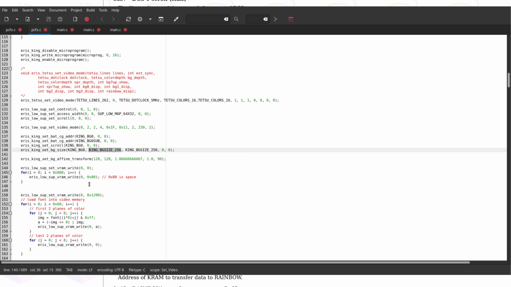If it overflows at 256, the rest is going to be displayed from x equals 0. And this is quite annoying. That means that if you want to use BG0 for your 2D game and make use of the rotate or zooming function, you need to make sure that it's not big enough that it's going to wrap around.